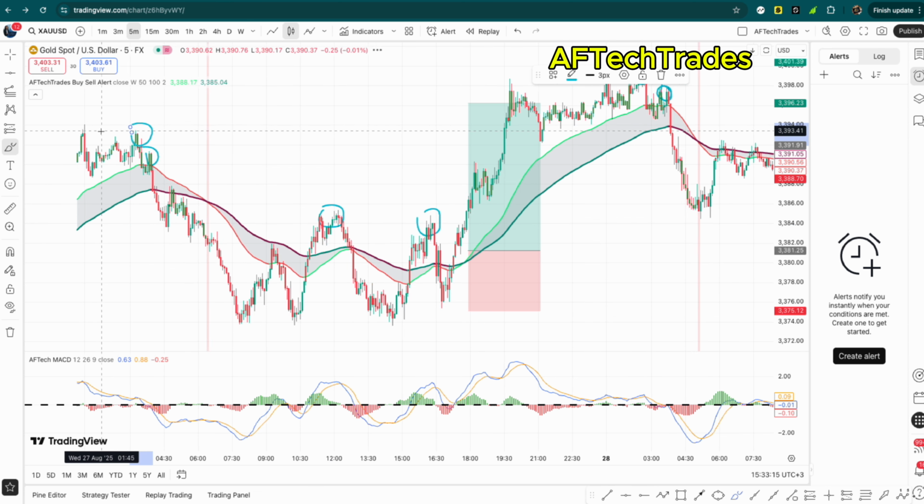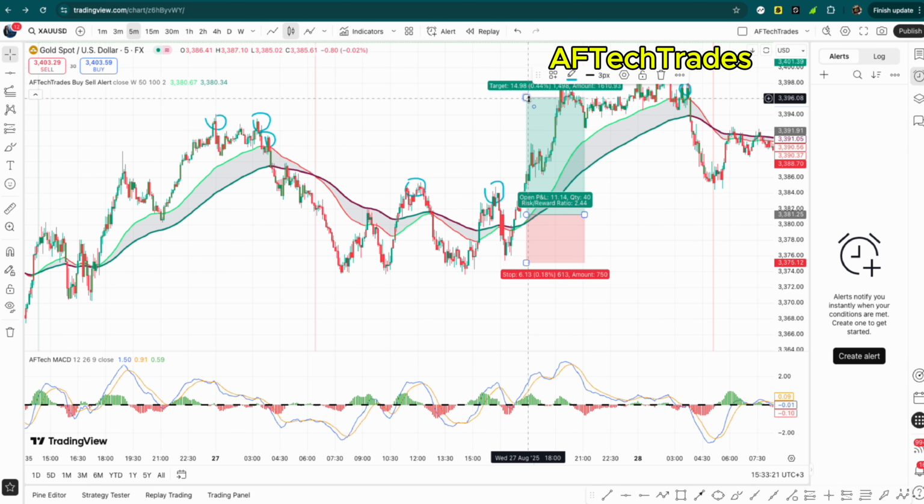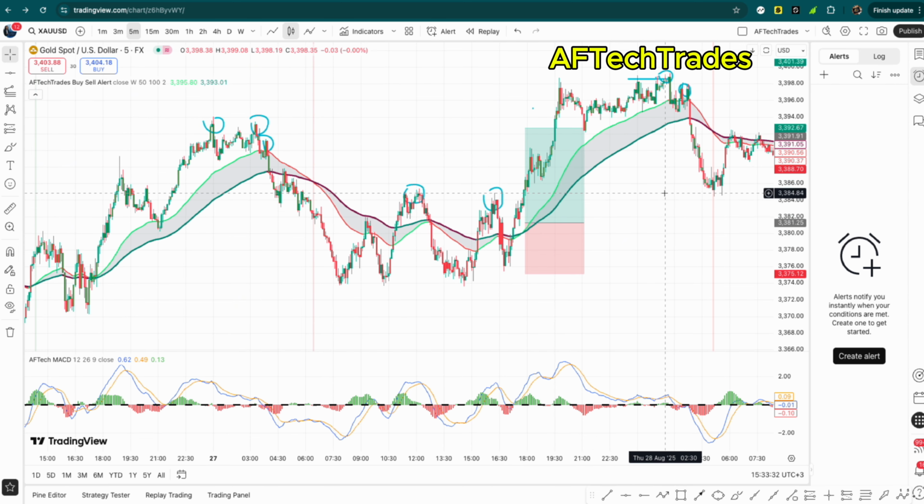So probably if I'm in this trade using this particular strategy, I would have been out from here or here. I hope you get how it works. So I would have been out of the trade from here, then I won't enter this trade again. I'll have to wait for another confluence to meet my trading strategy before I enter.